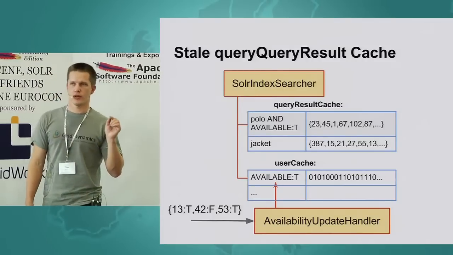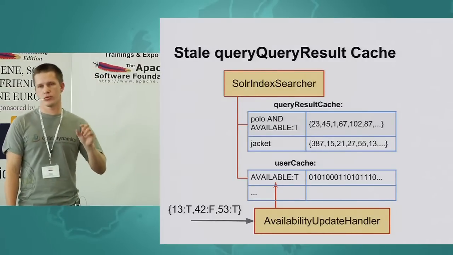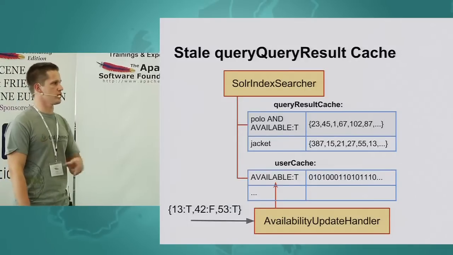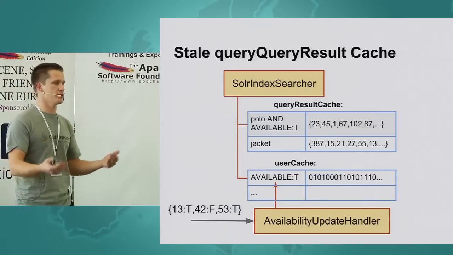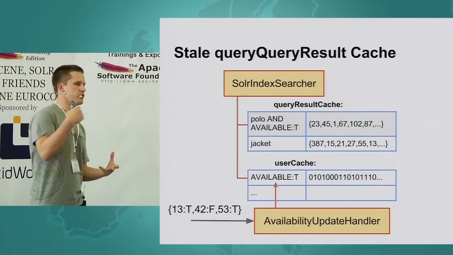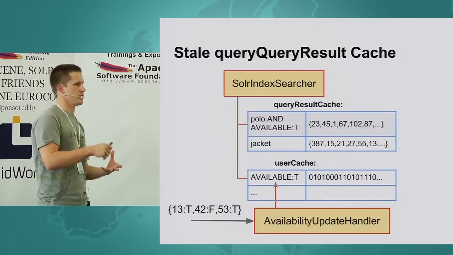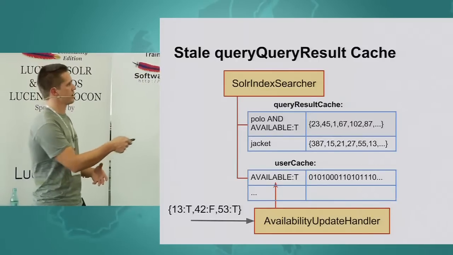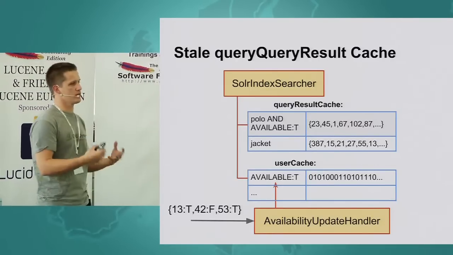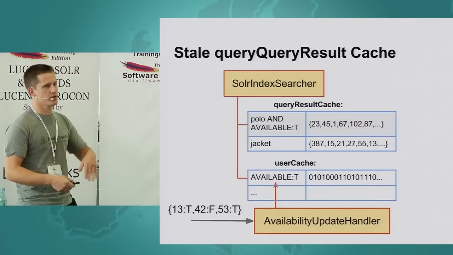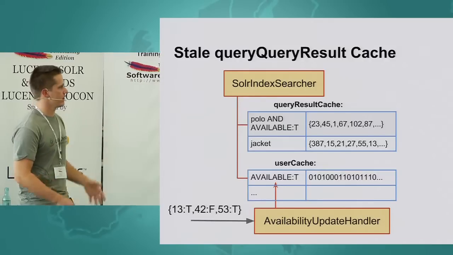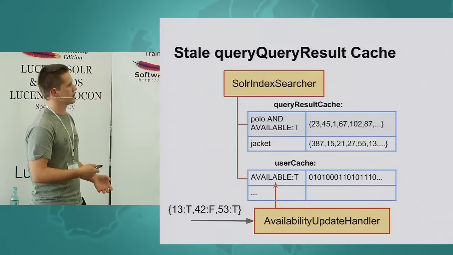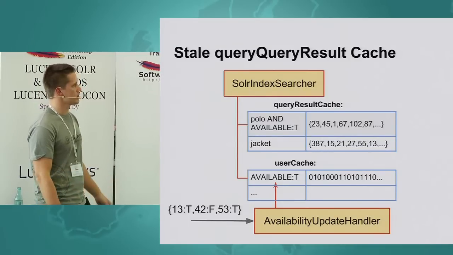If our query is included in one of these caches, then the search result or filter calculated using our query is derived from the bitset. And when the availability bitset is updated, this entry becomes invalid, it's stale. You need to somehow evict it. You can evict them all, but it's not necessary.